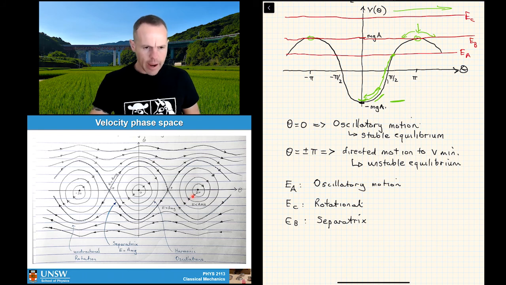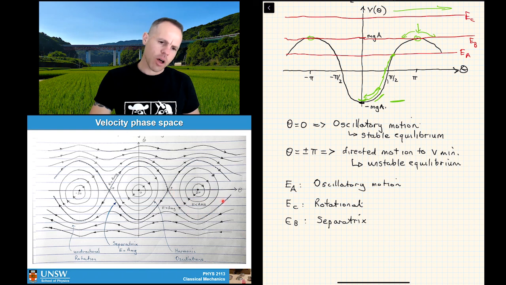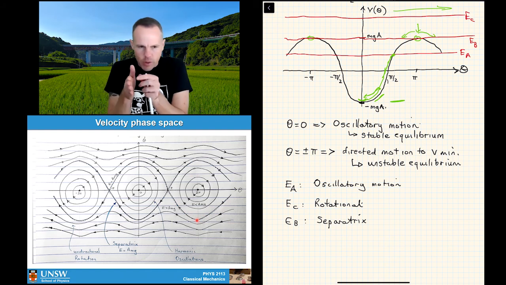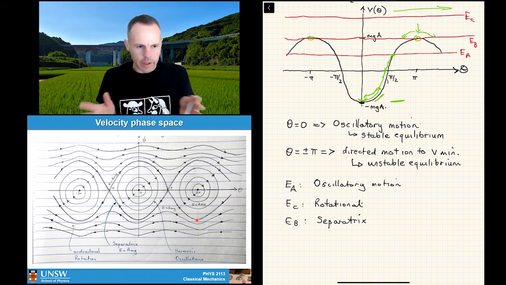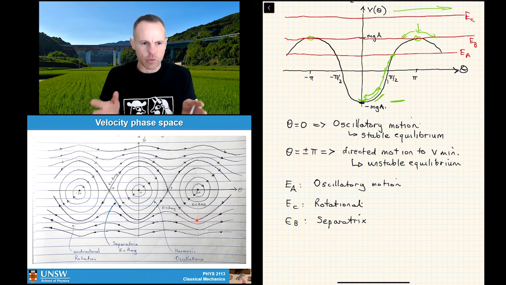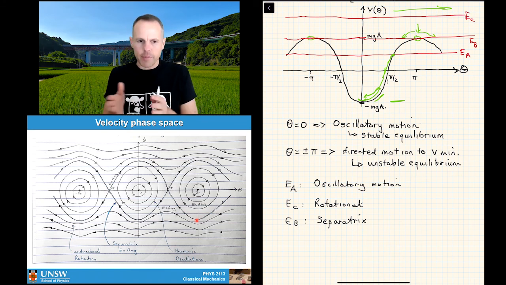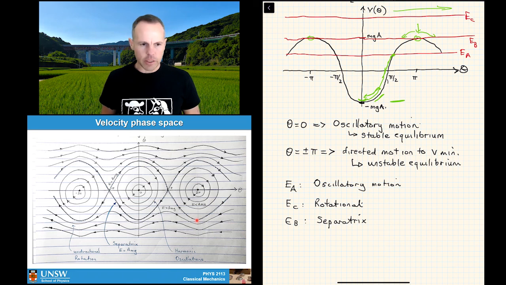And the one thing you'll notice if you draw one of these is that this separatrix line here is a point in the graph where you almost can never reach, because you're either going to find yourself a little bit on one side or a little bit on the other side, either in oscillatory motion or in unidirectional rotational motion. And you can kind of understand that behavior from these sorts of velocity phase spaces.